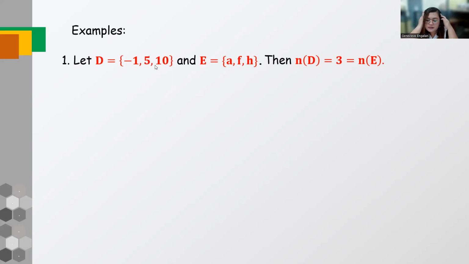So, there are 3 elements in the set D and tulo ka elements sa set E. So, pasabot, ang cardinality nila is equal. So, they are equivalent sets. So, D is equivalent to E. Kaya again, pareha ang ilahang kadaghanon sa element.